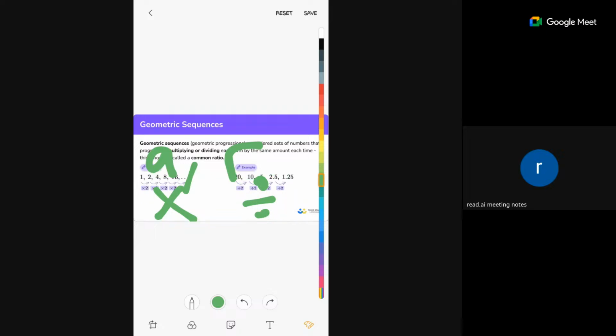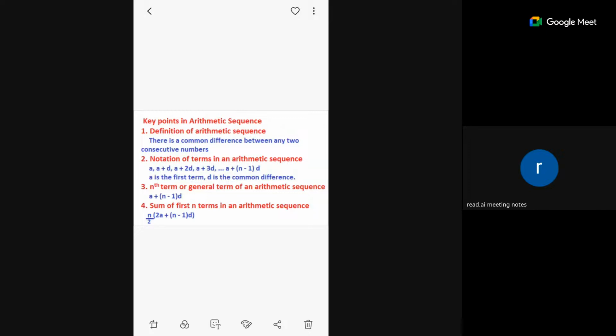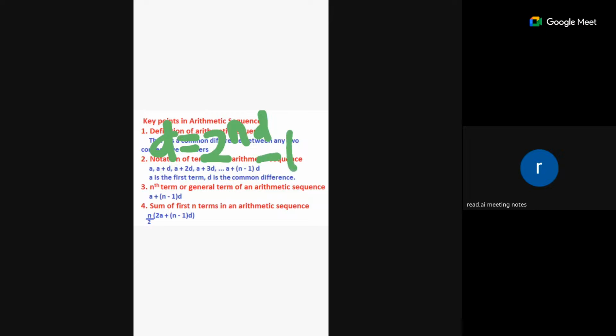Now let me go back to AP. To get our common difference, we are very familiar with it, but let us assume that we don't know it. To get D, which is the common difference, you always subtract the first term from the second term.